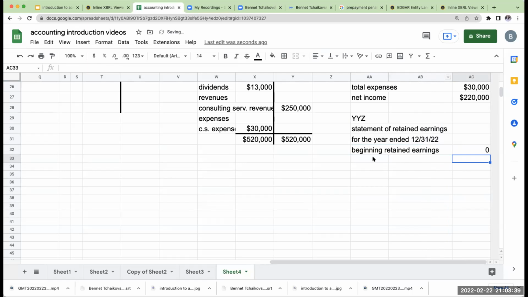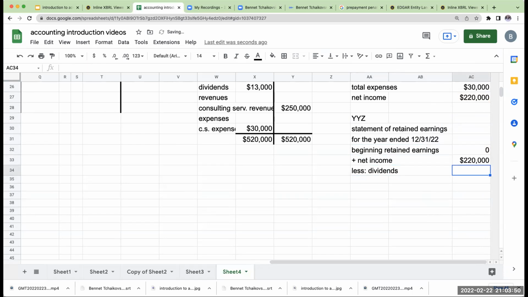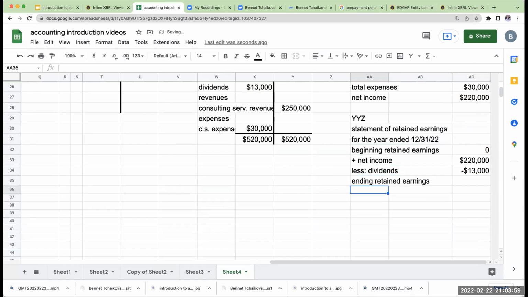For this question, it is 0. I'm going to add in my net income, or how much I earned. I'm then going to subtract my dividends. My dividends over here, what I gave back to the shareholders, was $13,000. So my ending retained earnings is going to be $207,000.